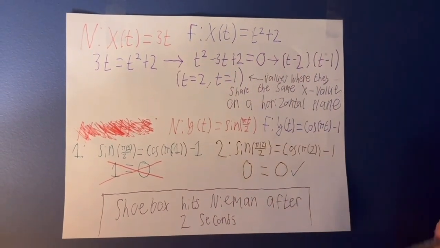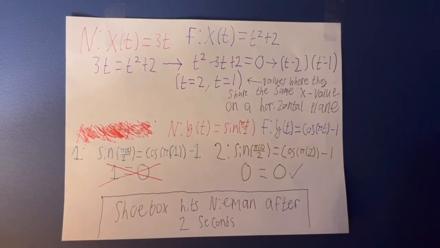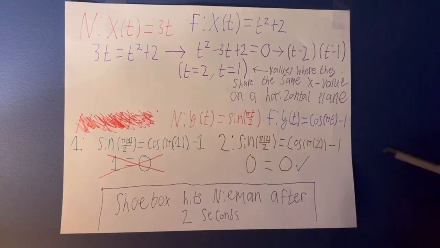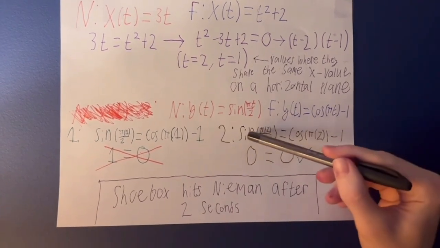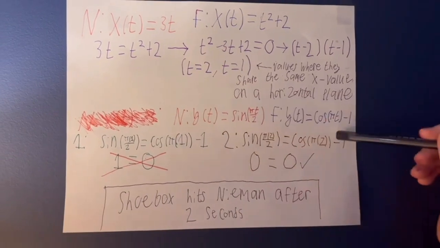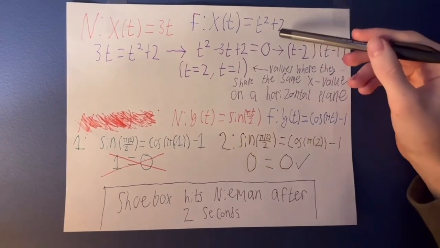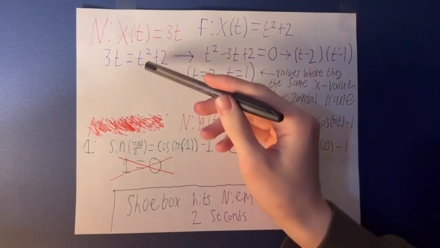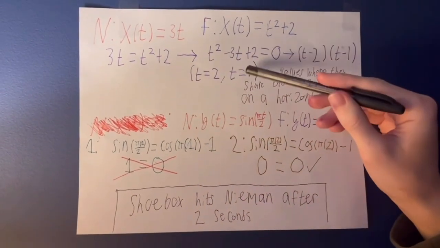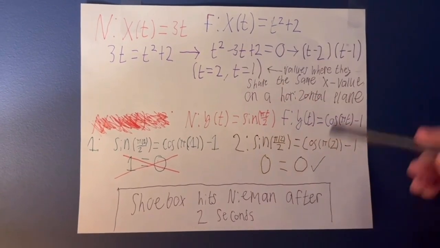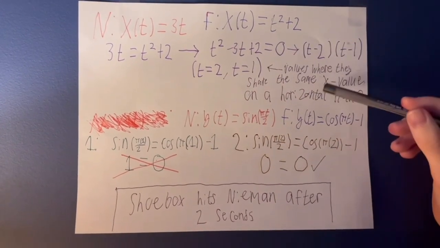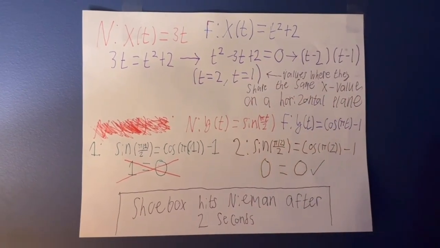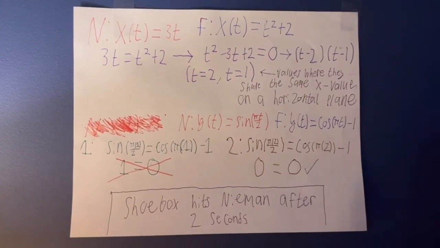Then you need to find a t-value that solves both equations. It would be difficult to solve this algebraically when these two are equal, but if we take this function and this function, add them together and then subtract 3t, you get a simple quadratic equation that can be factored. So now we know that at 2 seconds and at 1 second, both objects have the same x value on the horizontal plane.